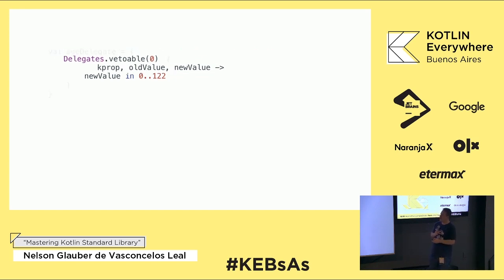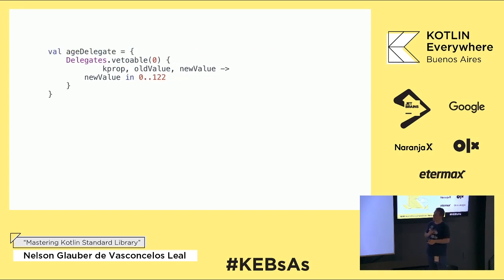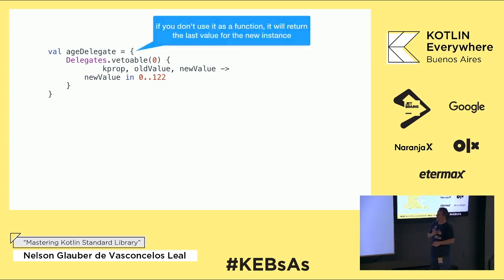And you wrap this logic in an age delegate, and you should do that using a function, because if you don't, every time you instantiate a property again, you get the old value. So you have to do this declaring a function which uses a delegate.